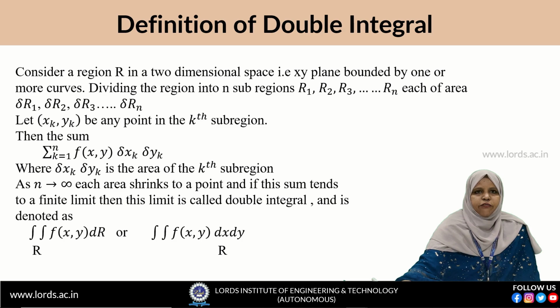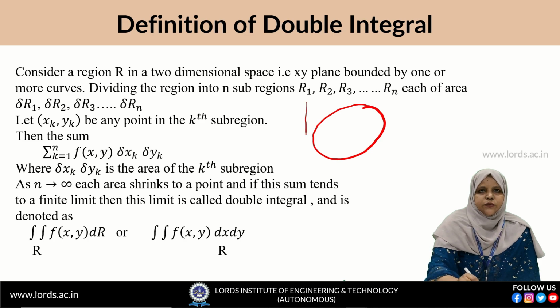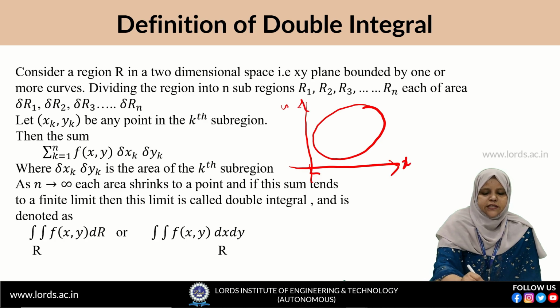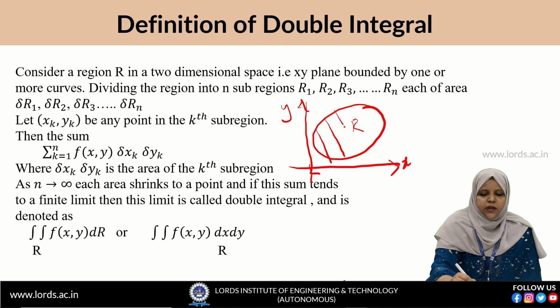Now suppose we consider a region in a two-dimensional space. Take an x-axis and y-axis. I am considering a region R, which is enclosed by one or more curves, dividing this region into n sub-regions.